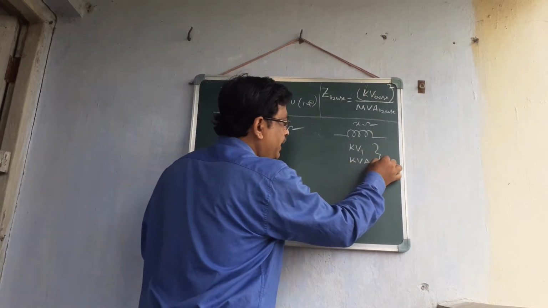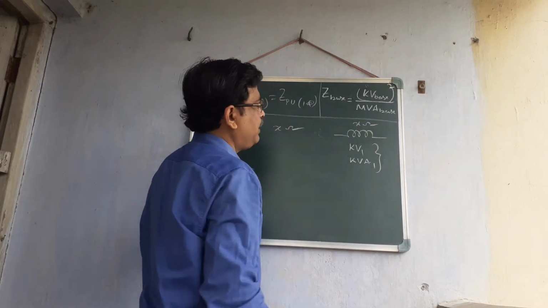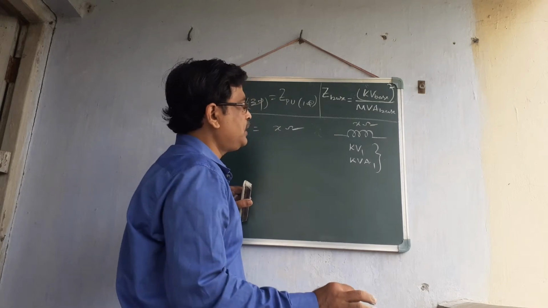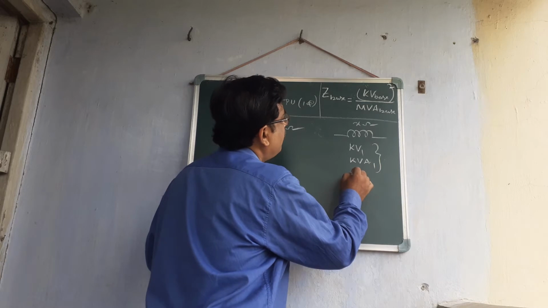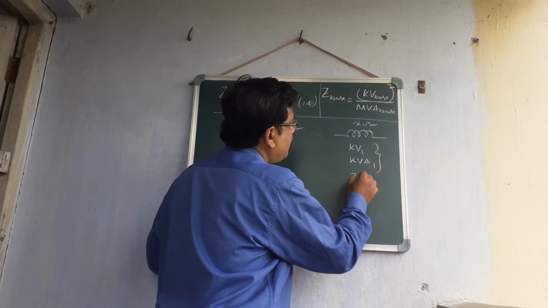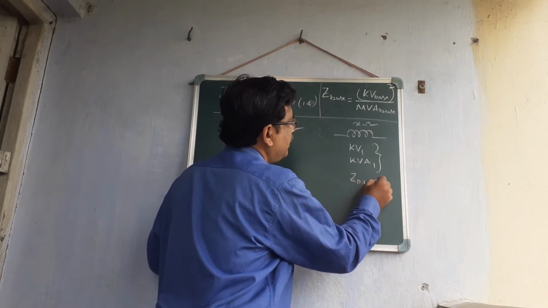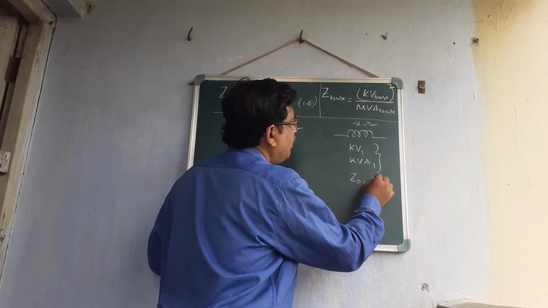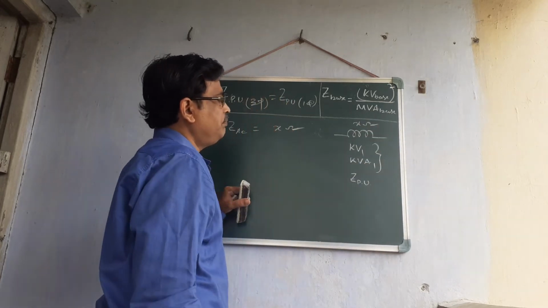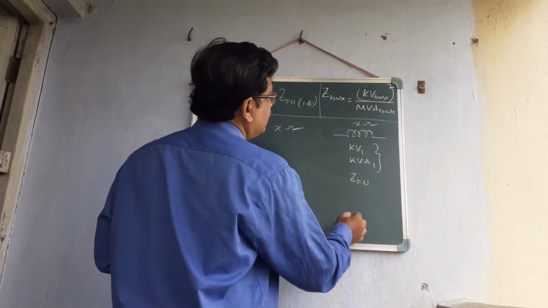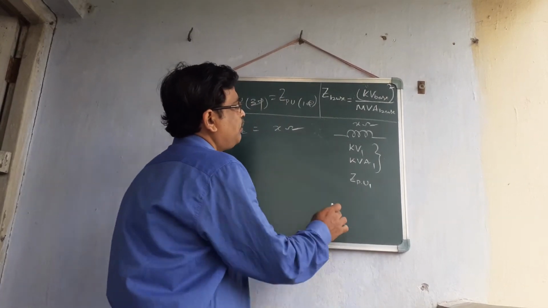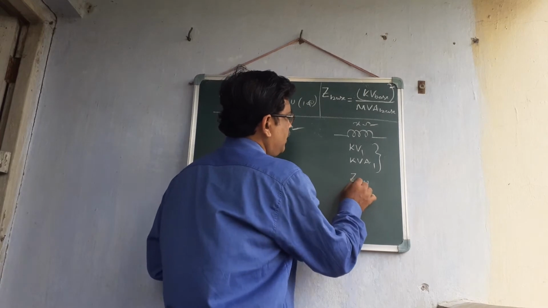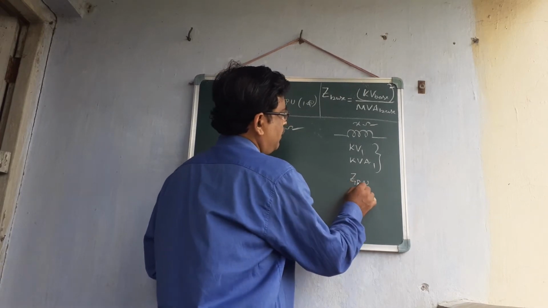With this base, suppose its per unit value is Z1 per unit.